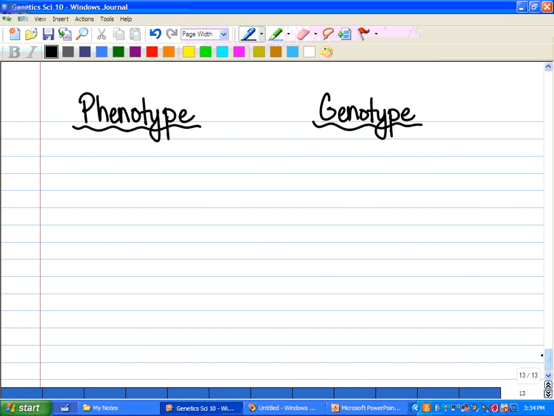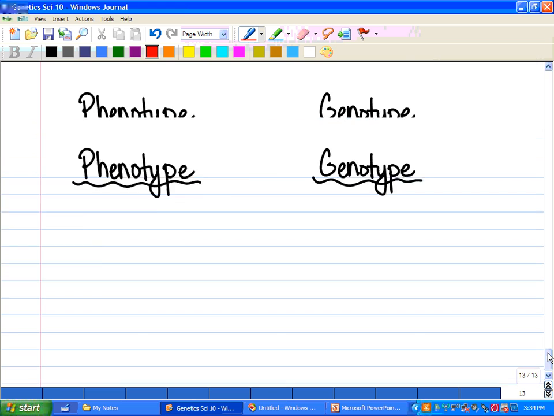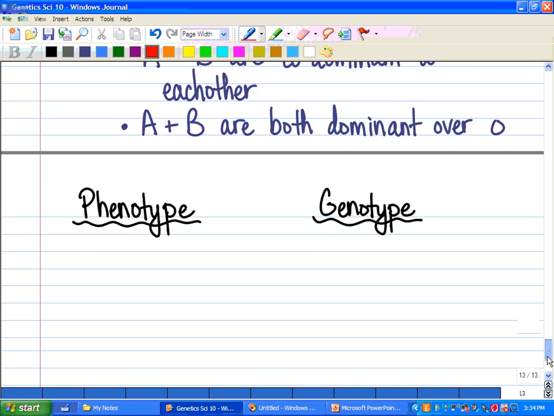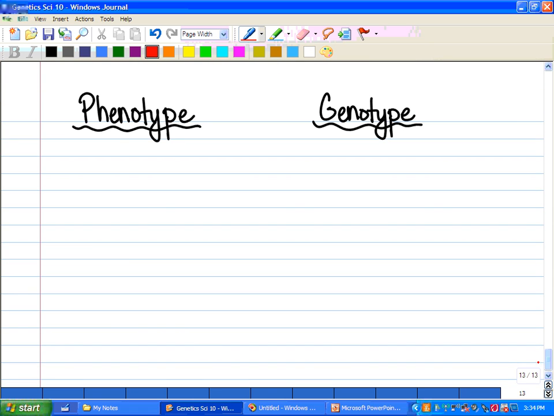Again, you can draw lines or not, it doesn't matter. So the phenotype is going to be the actual type of blood that's out there. And some of you might know that with these alleles that we've got, the A, the B, and the O, there's actually 4 blood types that are present in human beings.